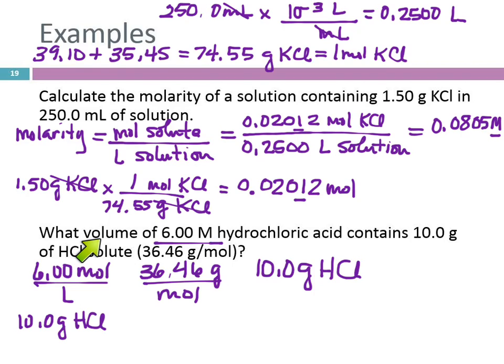Probably liters. That would be easiest. If they don't give you a unit, pick an easy unit. Don't make things harder. So we want to get to volume. Well, this is a conversion factor that involves volume, but it involves moles, and we've got grams. So we need to use this one first. So we're going to go from grams to moles and then to liters.